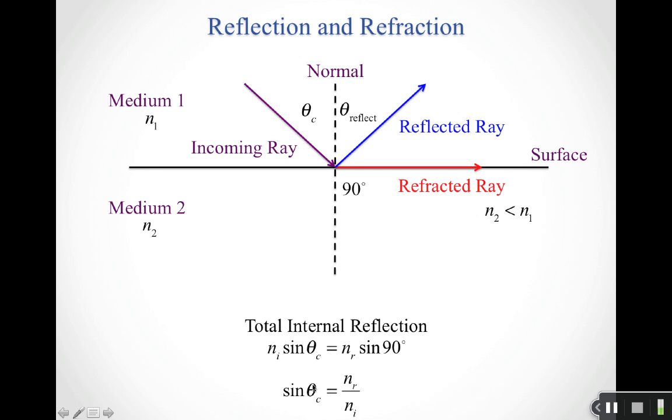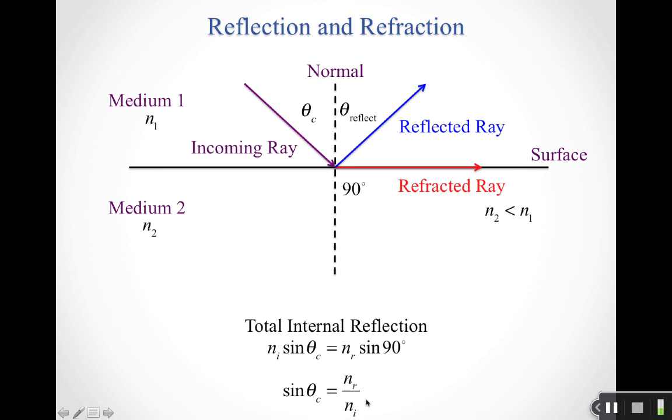Which means that when I look at Snell's law, I can solve this for theta c, because sine 90 is just 1. It's easy to calculate: the sine of the critical angle is just the ratio of the refracted index, the index in the medium where my refracted ray is trying to go, divided by the index for the incoming ray.